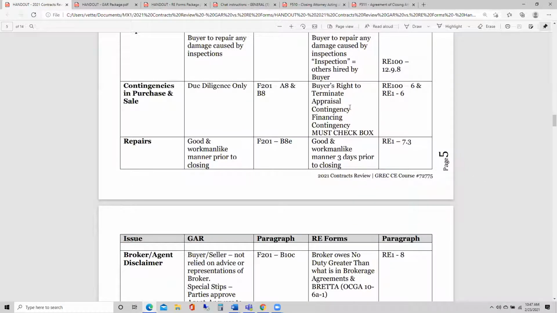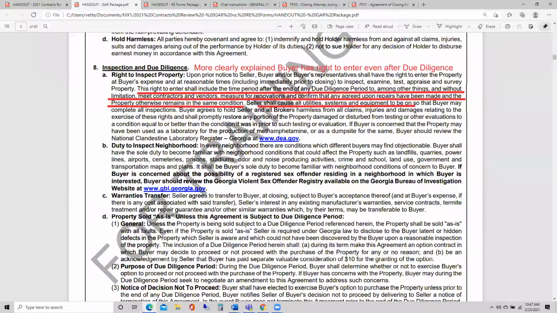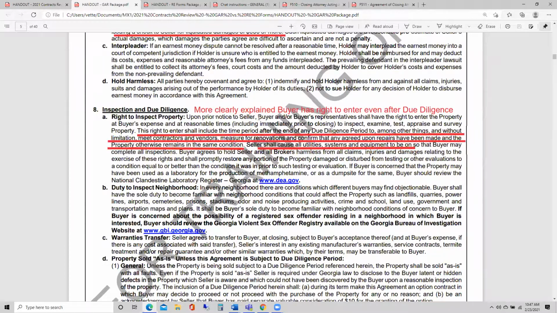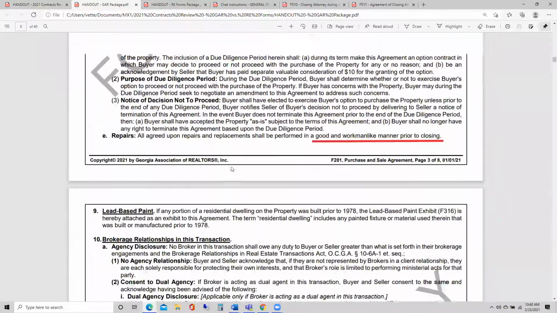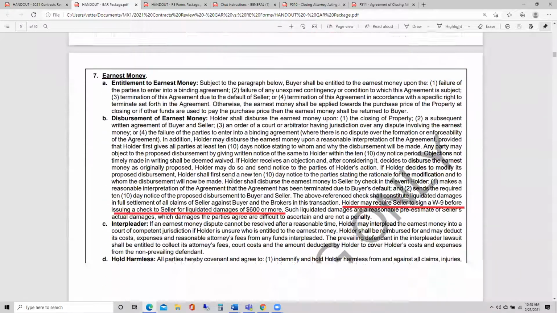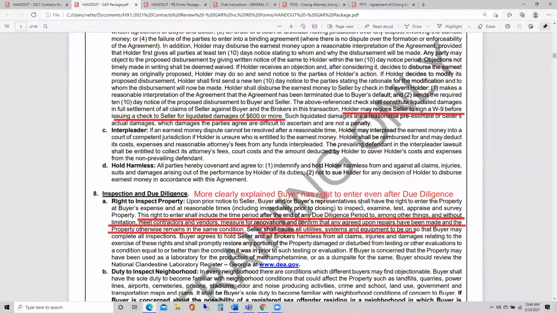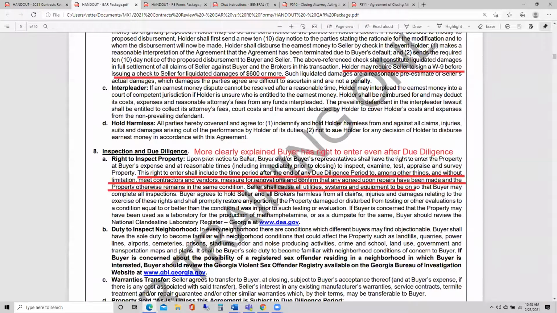Contingencies. In the GAR contract package, there is only one built-in contingency, and that is the due diligence period. Basically, a due diligence period is defined as the seller granting the buyer the right to terminate the contract for any or no reason.